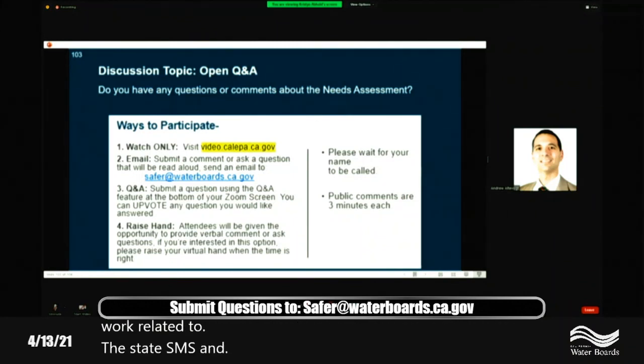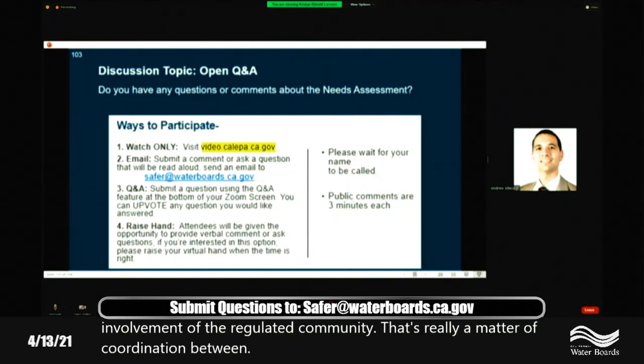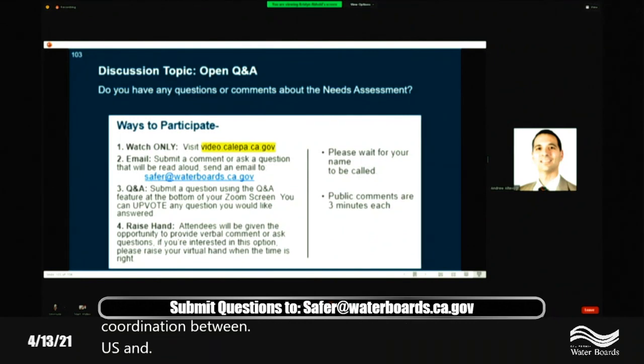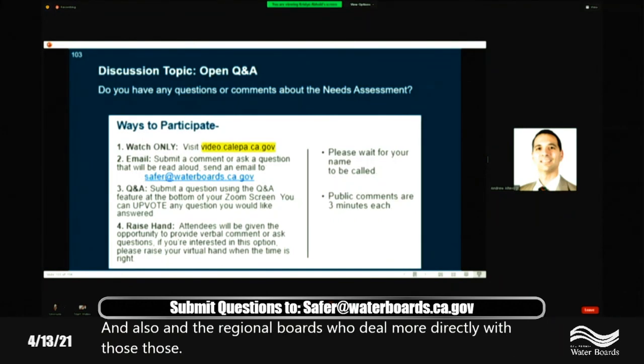In terms of the involvement of the regulated community, that's really a matter of coordination between us and the regional boards, who deal more directly with those folks in the regulated community.